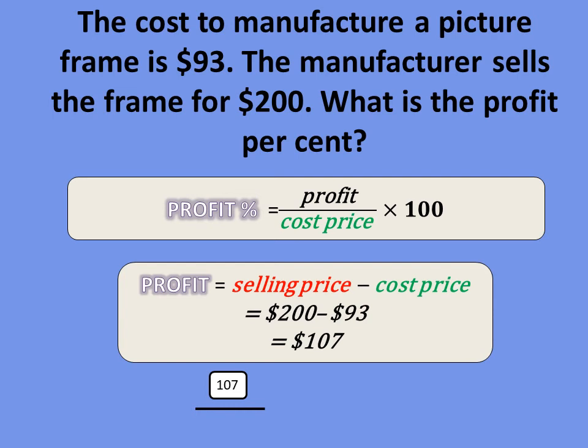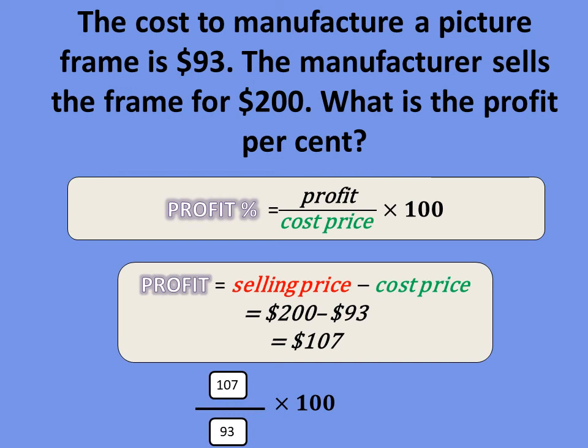Then we're going to write our cost price, which is 93. Very good. And then we're going to multiply by 100. So the first thing, you're going to take your calculators, guys. Don't worry. Type in 107. Press your division sign. Then type in 93.